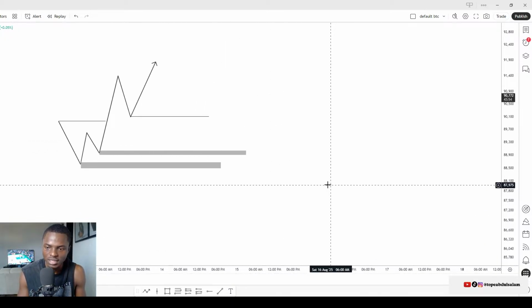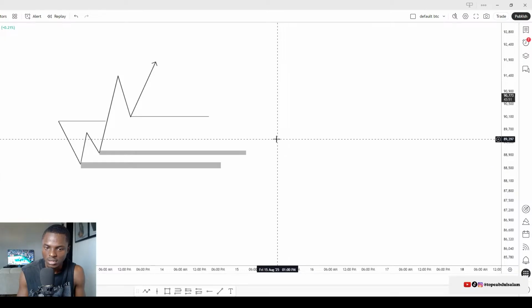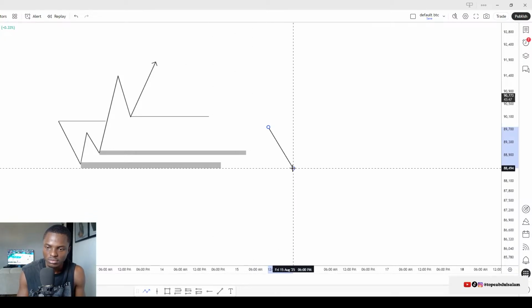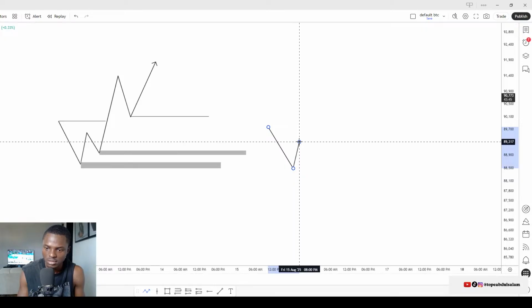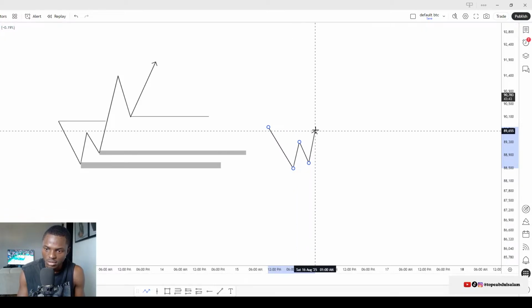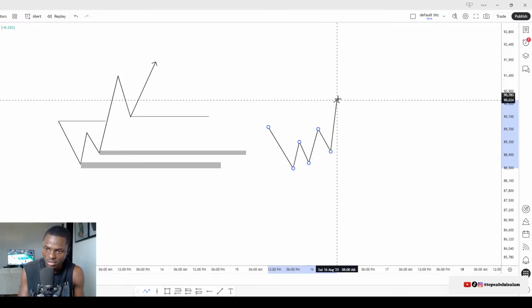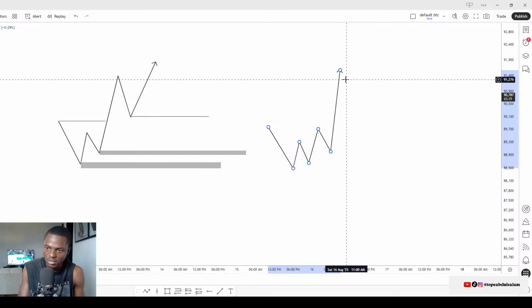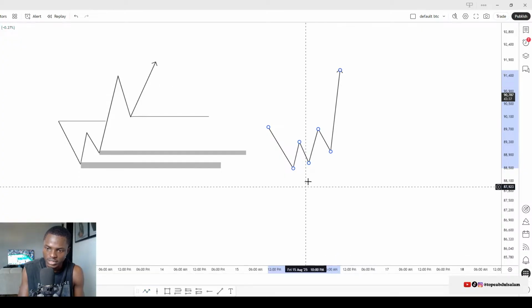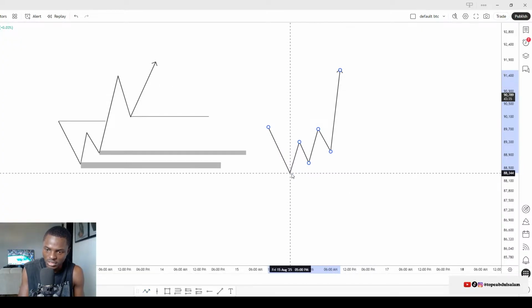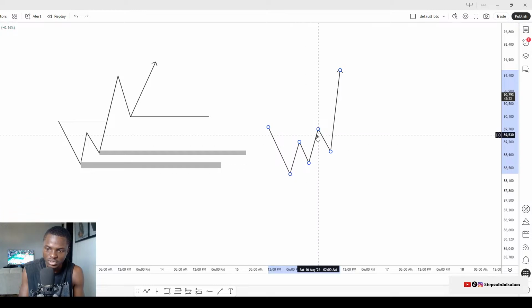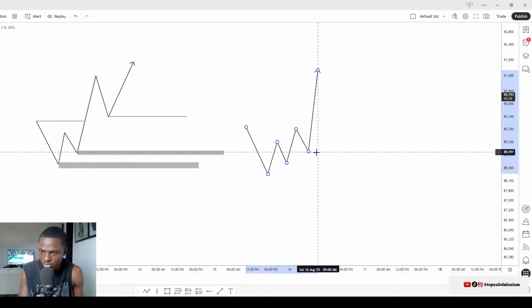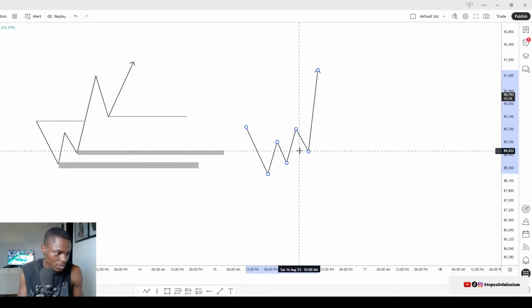You can have something like this. This is a triple leg break of structure.